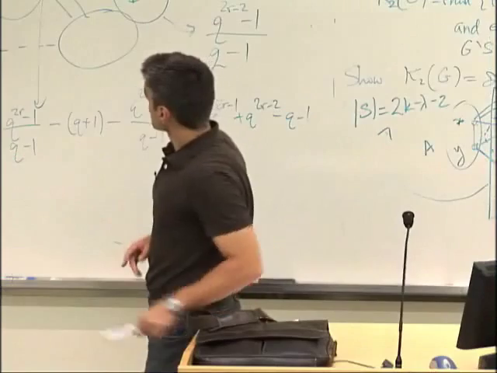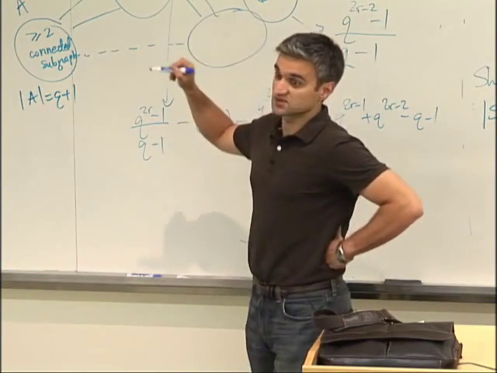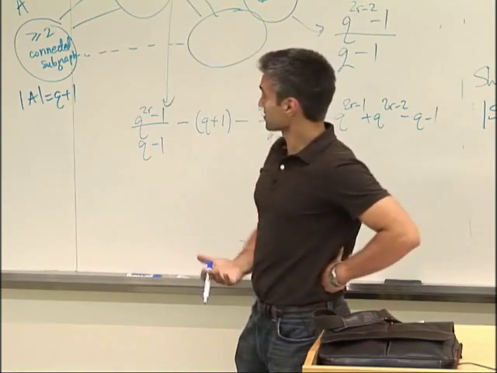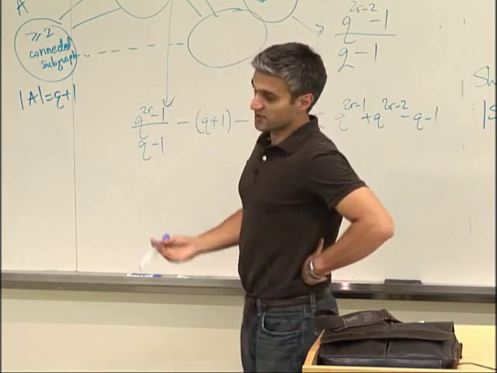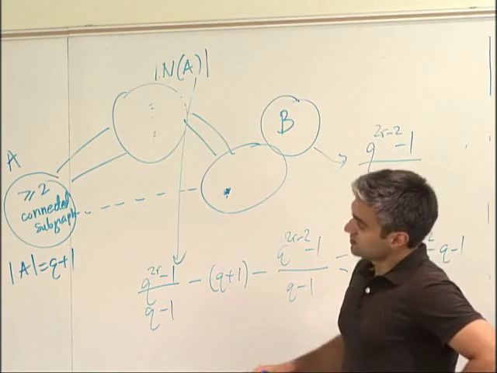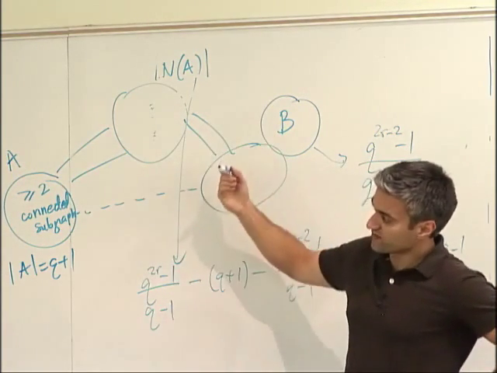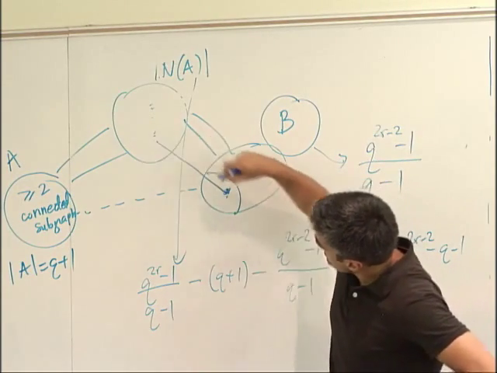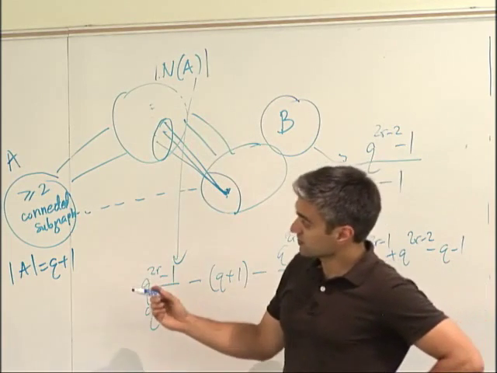Now what you want to show is that in B, you're not going to have singletons. And that's a bit more work, which I'm not going to go into now. It's not complicated. You prove it by contradiction. You assume that you have a singleton here, and you use the fact that you have a clique. And now the one fact that you use, if you were to have a singleton here, all its neighbors would have to go here. And now what would happen?